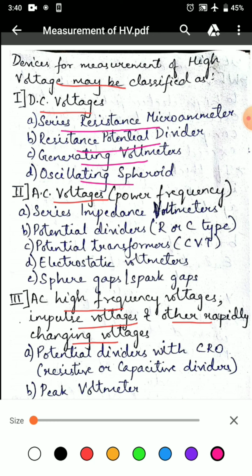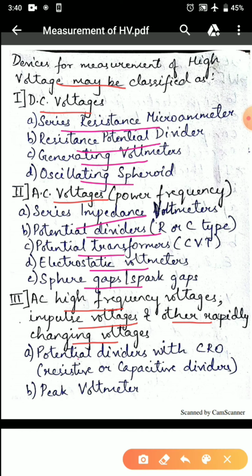Under AC voltages with power frequencies, instruments used for measurement of high voltage are series impedance voltmeter, potential divider with resistance or capacitance type, potential transformers, electrostatic voltmeters, sphere gaps or spark gaps.